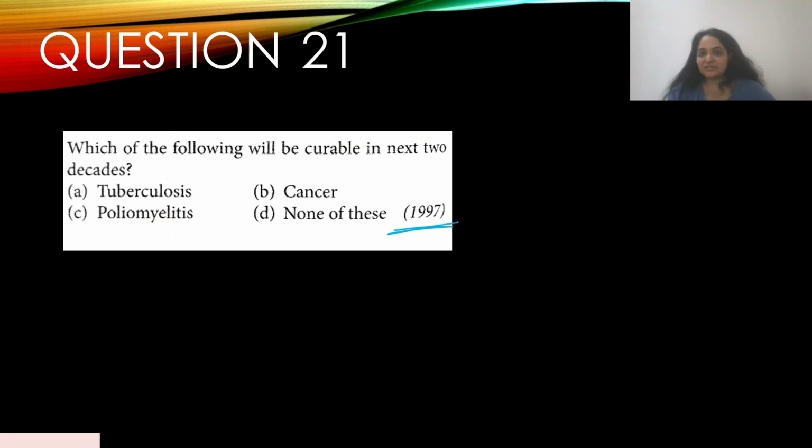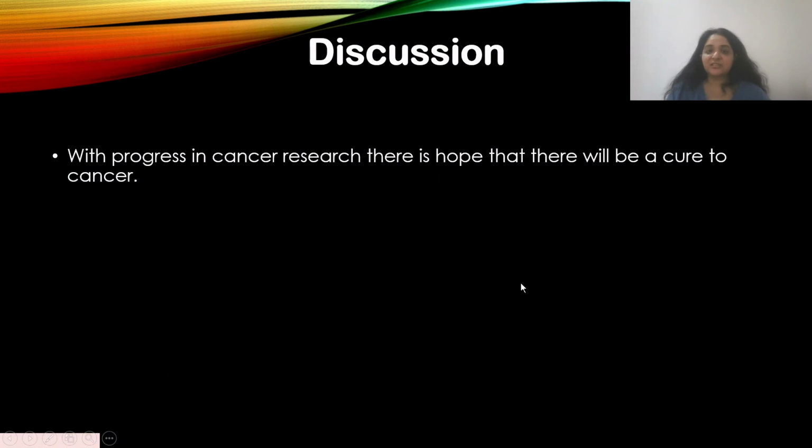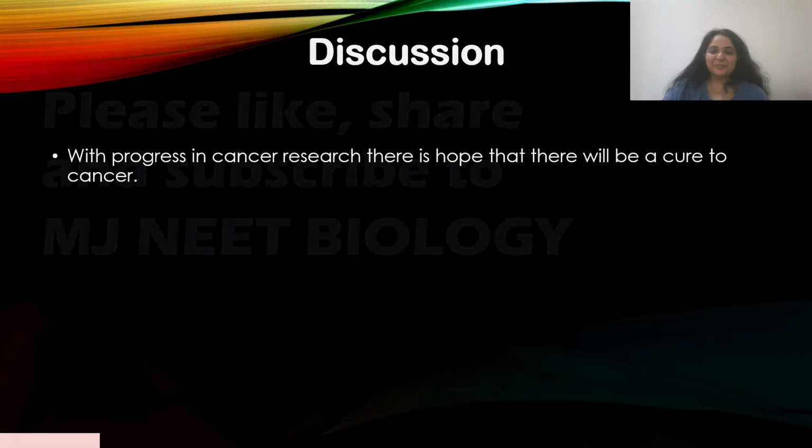So you can say B is the right answer. With progress in cancer research, there's hope that there will be a cure. It's a very vague and general question, but if you choose an answer, maybe cancer medicine would be available in the next 2 decades.